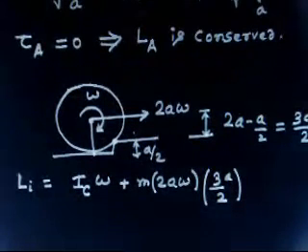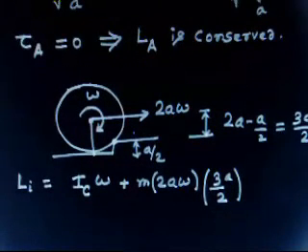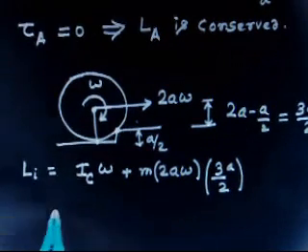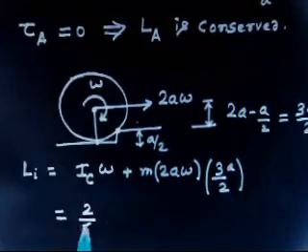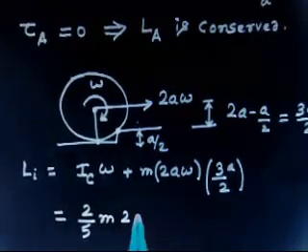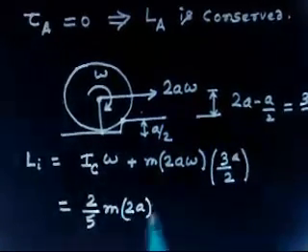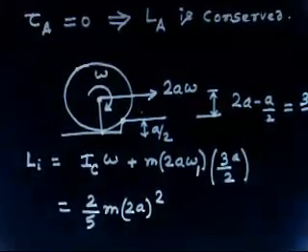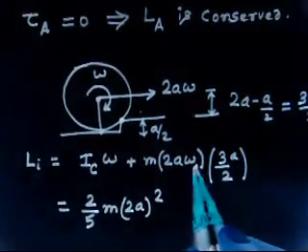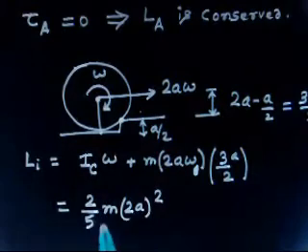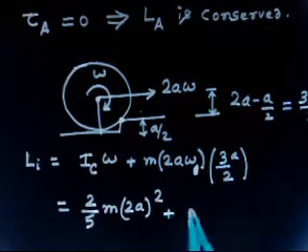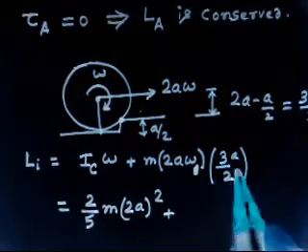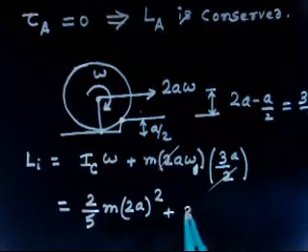And I, in this case, this is a case of a sphere. For a sphere we have moment of inertia 2 by 5 m r square. So 2 by 5 m, r is 2a in this case, and this is omega, not omega 1. 2 by 5 m r square plus the 2 goes, so this 2 cancels out, so 3a square omega.